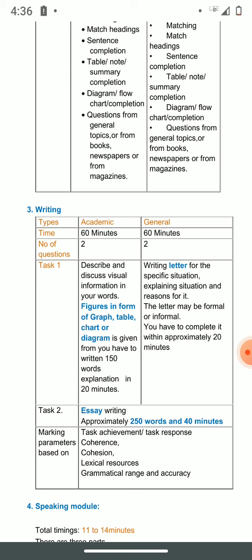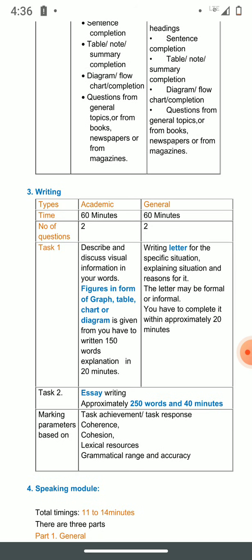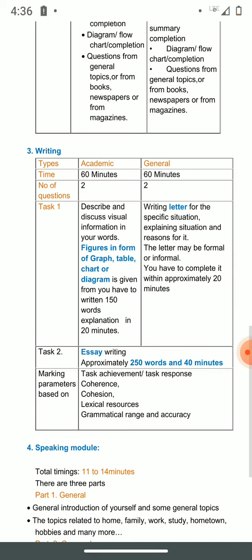Means one graph, table, chart or diagram is given in the form of a figure, and you have to explain your point of view and write 150 words. You should spend approximately 20 minutes on it, because the total time is 60 minutes. So you have to spend 20 minutes for task 1 and 40 minutes for task 2.